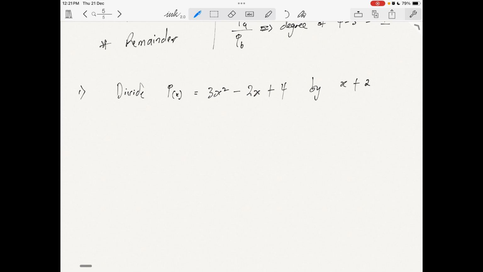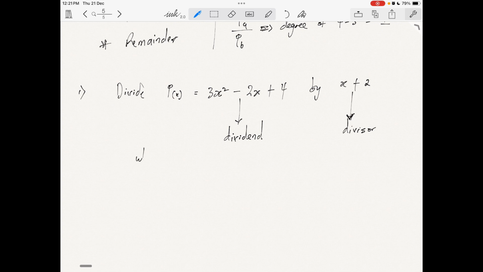Now remember we had different terms. What we are dividing with is called the divisor, and what we are dividing is called the dividend.